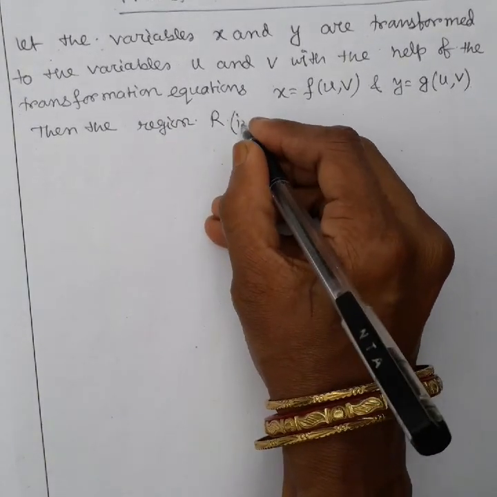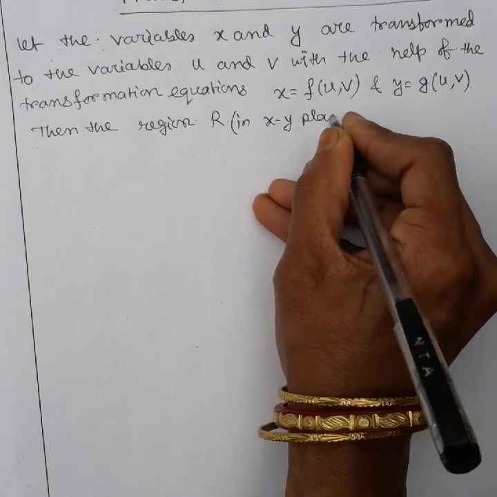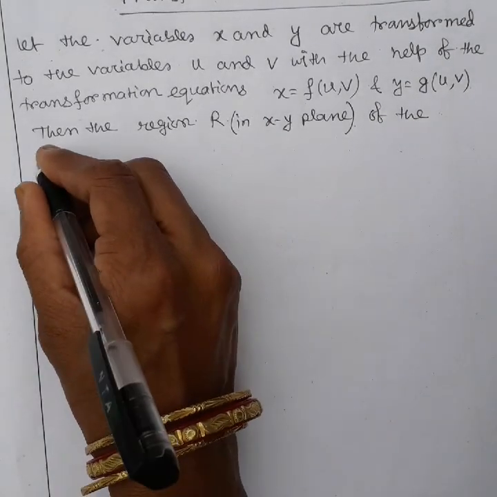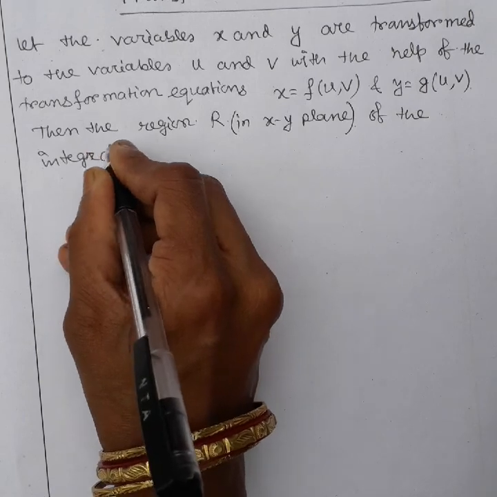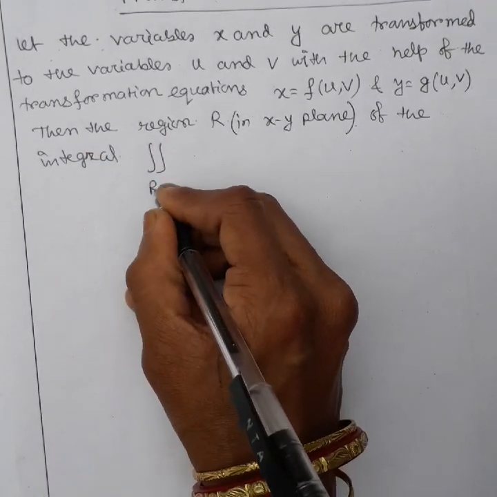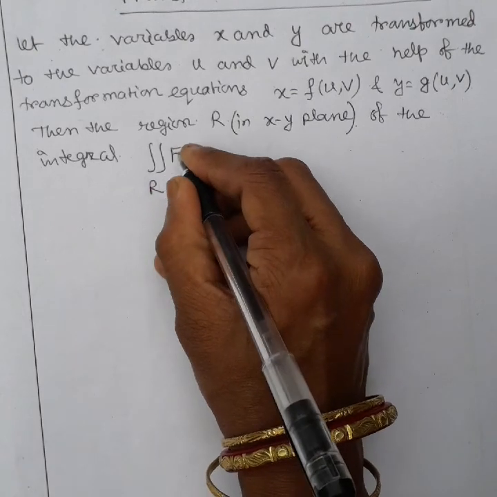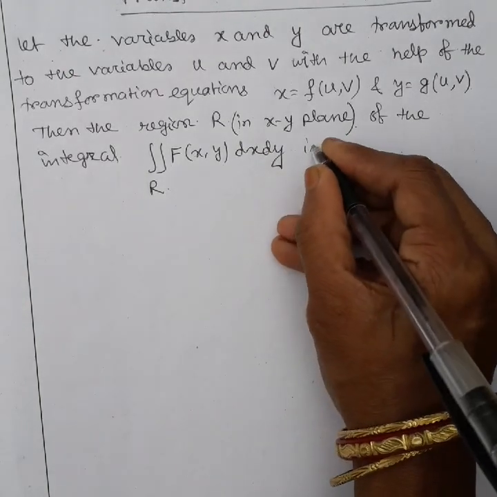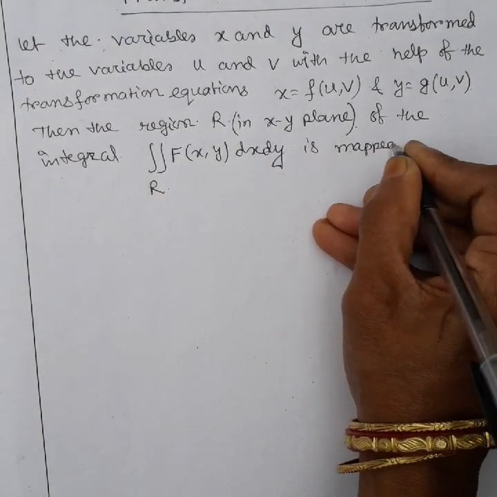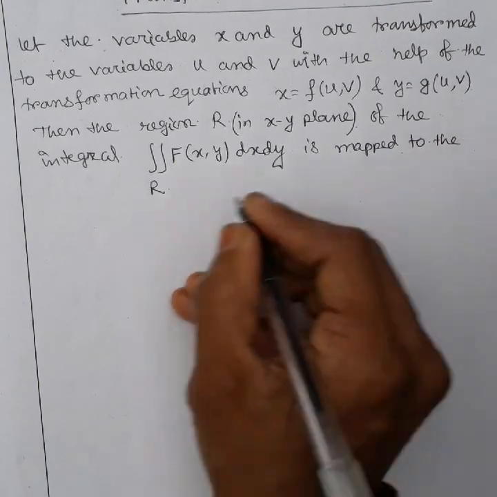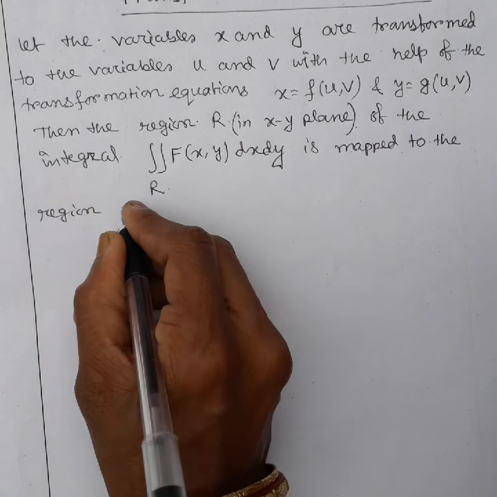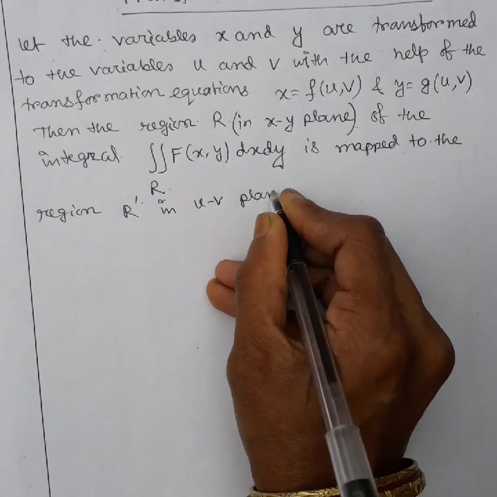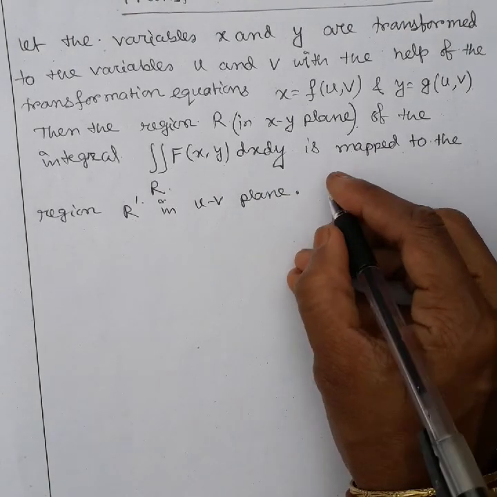Then the region R in the xy plane of the integral, double integration over the region R of capital F of x y dx dy, is mapped to the region R dash in the uv plane.